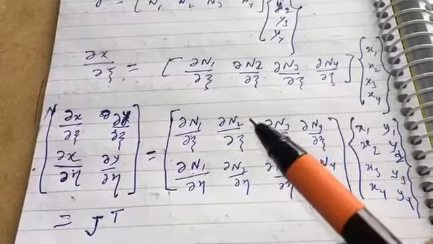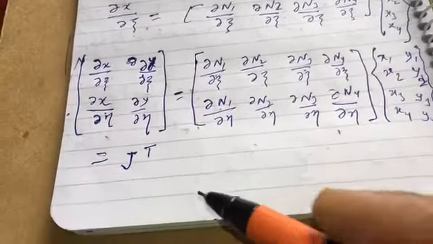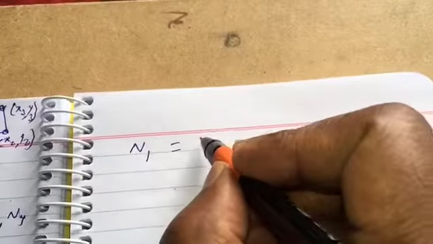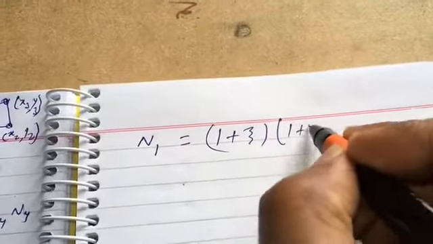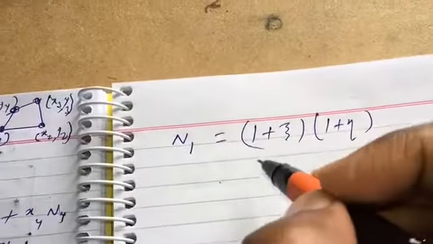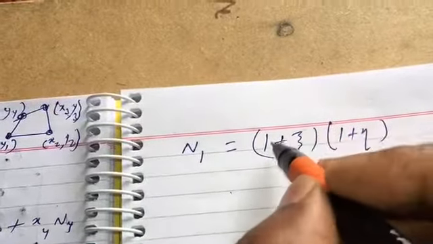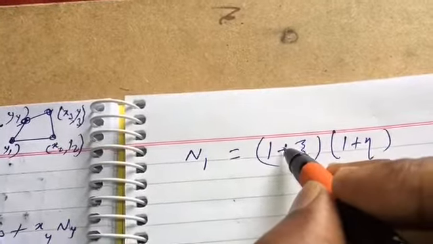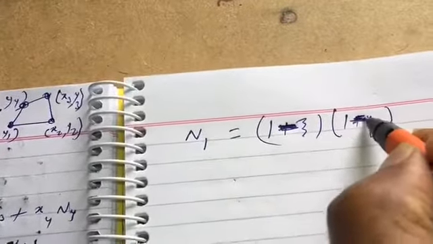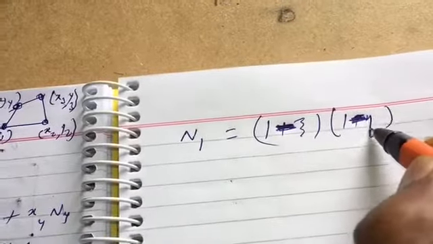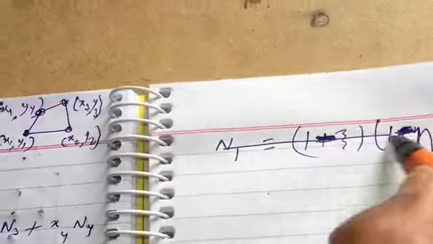These are explicitly known because we have N1. If you remember, it is 1 plus chi multiplied by 1 plus eta, sorry, this is minus 1 minus 1 minus. So let us write it here.